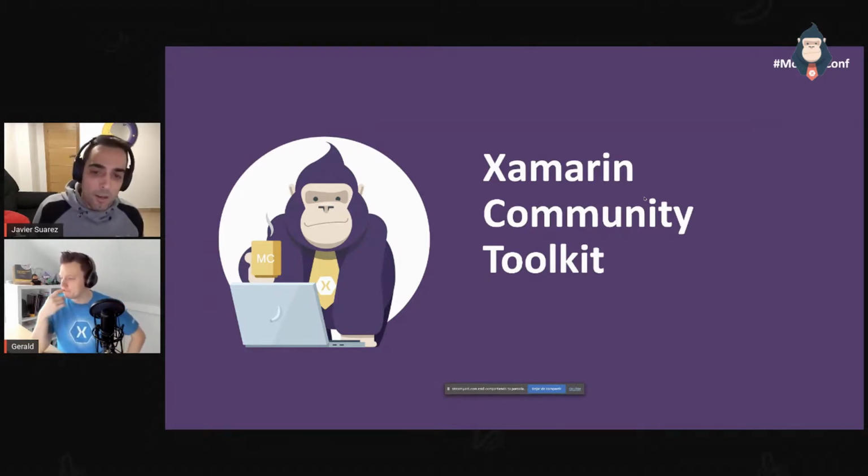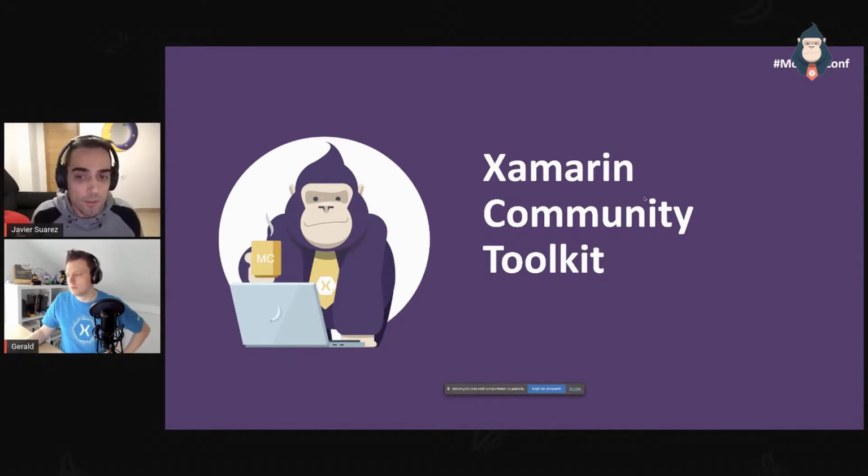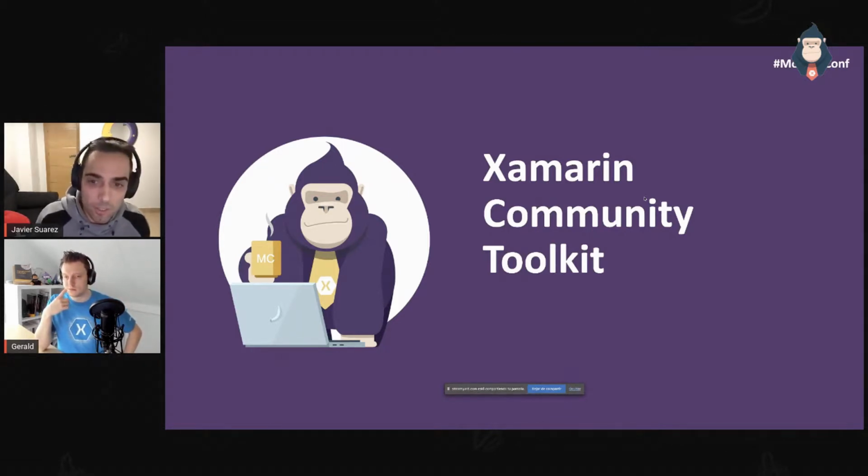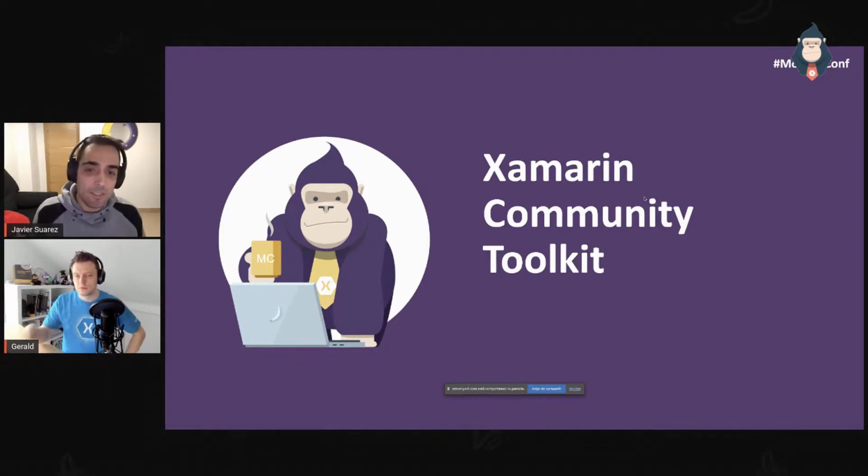So we are trying to explain what we are doing, how much you can achieve, what are the number of controls, converters, behaviors, effects, and much more super interesting features that you can achieve using the Community Toolkit. And of course, we also want to share how you can use it and how you can collaborate with it, because as the name says, this is a community effort.